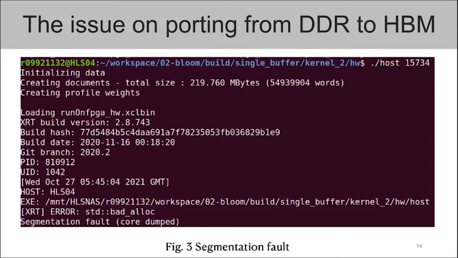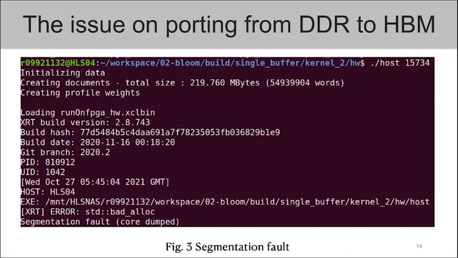And in our case, we use U50, and U50 uses HBM, which is high bandwidth memory. The special thing about high bandwidth memory is you can get a very large bandwidth, which means one word is very large, but the depth is shallower than DDR.